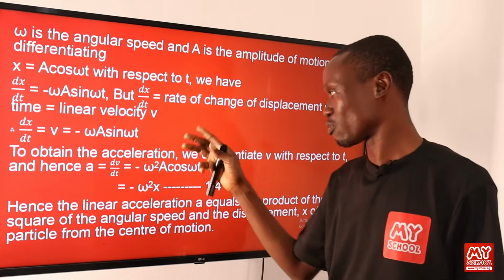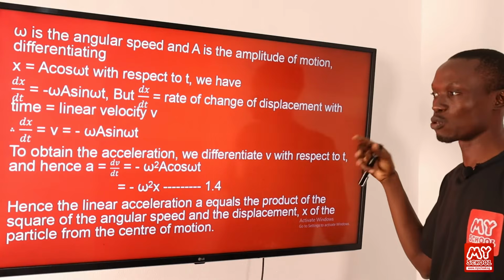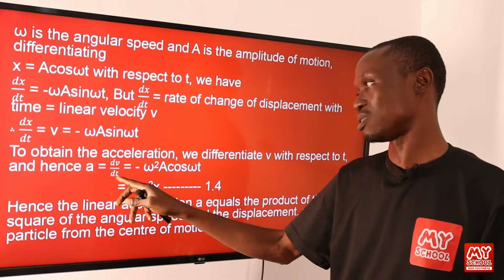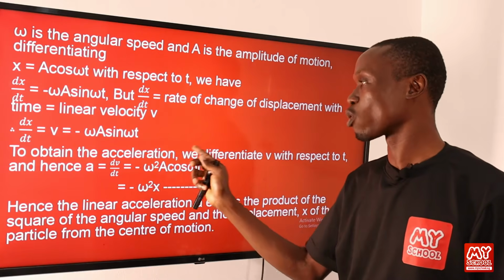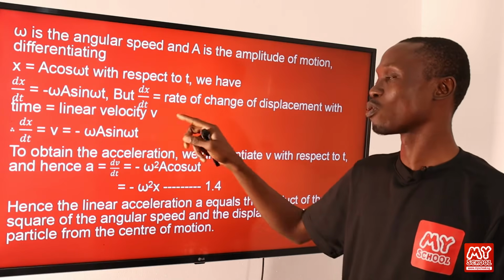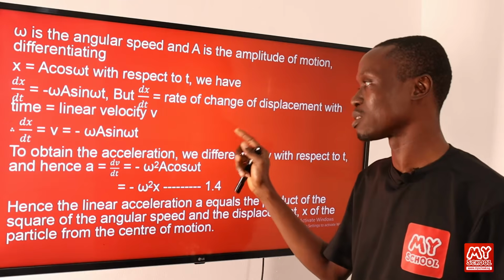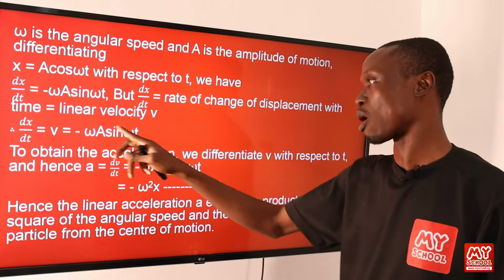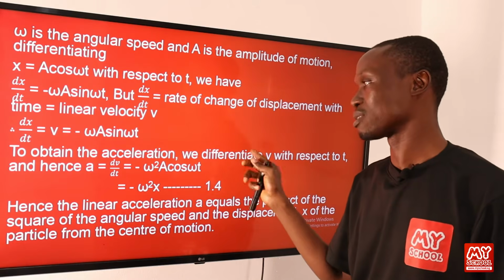So to obtain the acceleration, like I said earlier on, we differentiate v with respect to t. Hence a is equal to dv/dt. Of course, if we differentiate this again, we will have minus, because when you differentiate sin, you are going to have cos. So our minus sign still remains. We multiply omega to give us omega squared, our A still remains, and that will give us cos omega t.